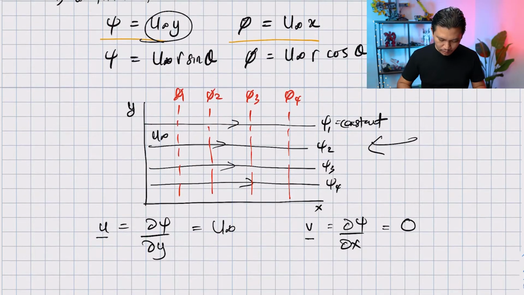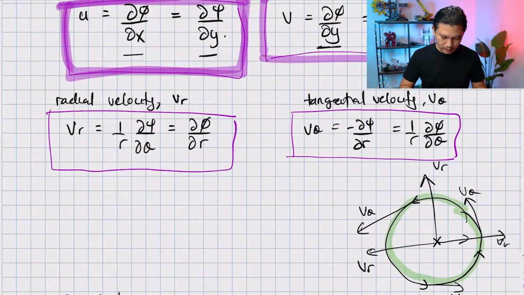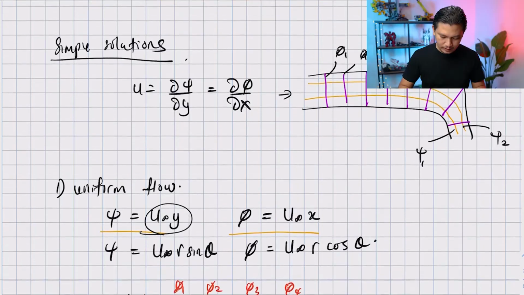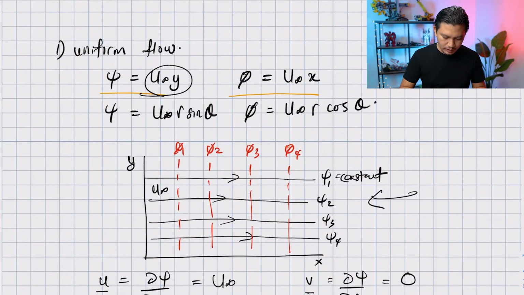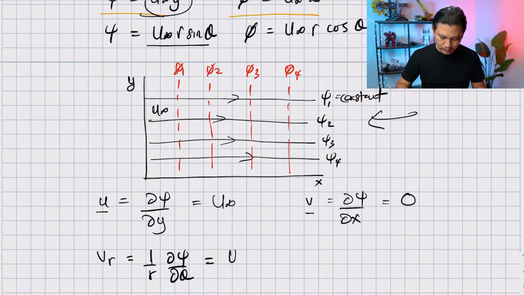So, if I were to obtain my velocity in radial direction, let's take a look at my Cauchy-Riemann equation. So, this is 1 over r del psi over del theta. And this is equal to differentiation of this one divided by r. So, this will be u infinity cos theta.